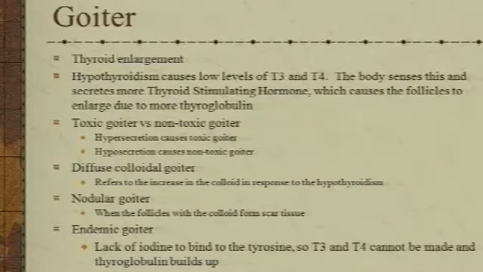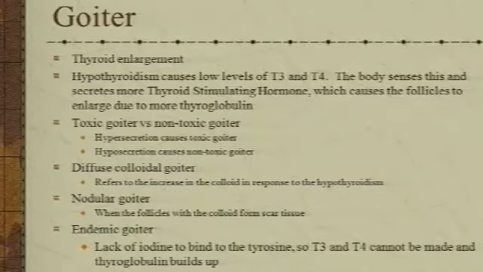The weird thing about goiter is there can be a hyper or hyposecretion. It gets kind of confusing. Toxic goiter is going to be a hypersecretion. Non-toxic goiter is a hyposecretion. Diffuse colloidal goiter refers to the increase in the colloid in response to the hypothyroidism that we just talked about, where the colloid will grow.